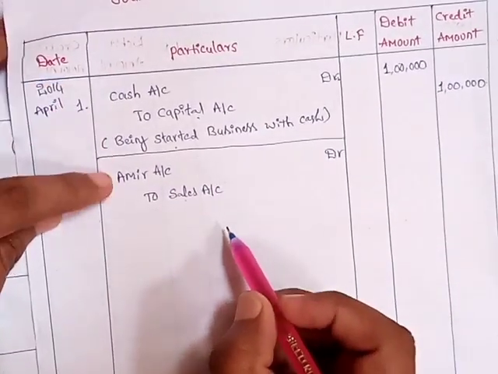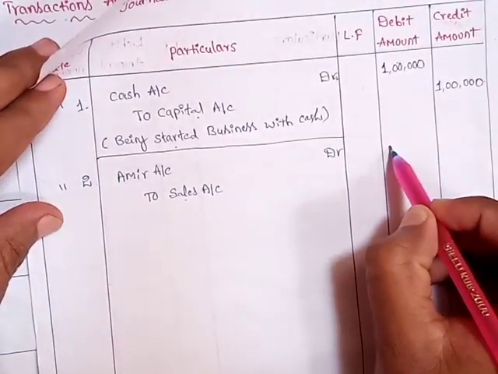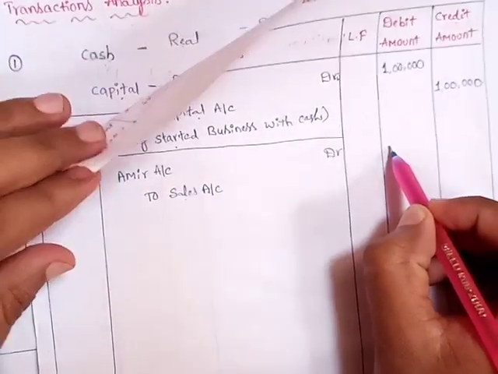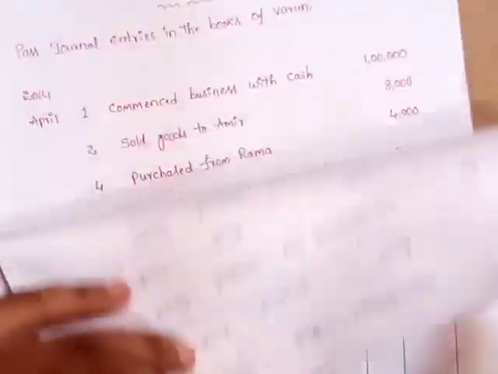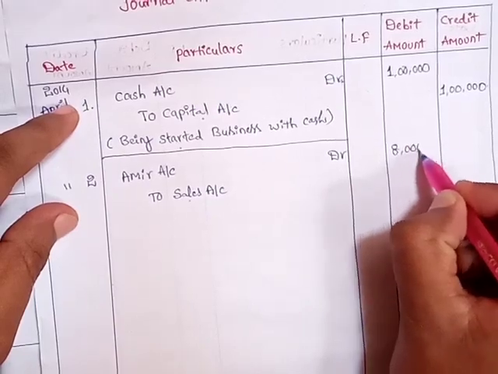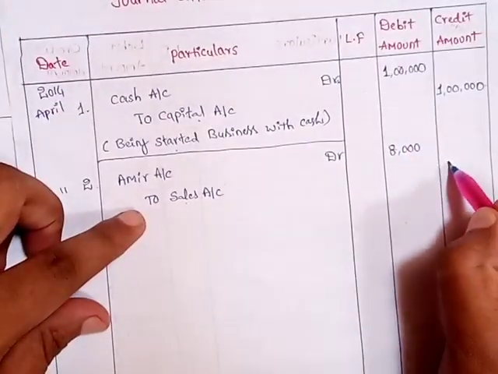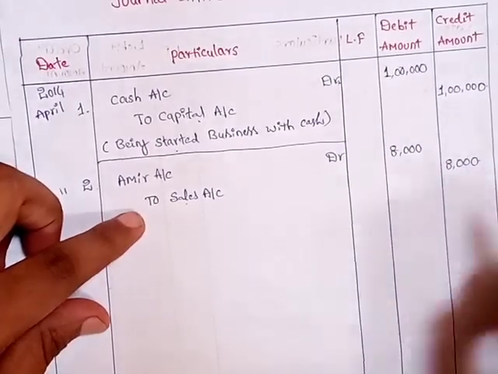Against the debit line, we should mention debit amount in debit column. What is the amount? 8,000. So 8,000 in debit column, and against the credit line in credit column we should write the credited amount.